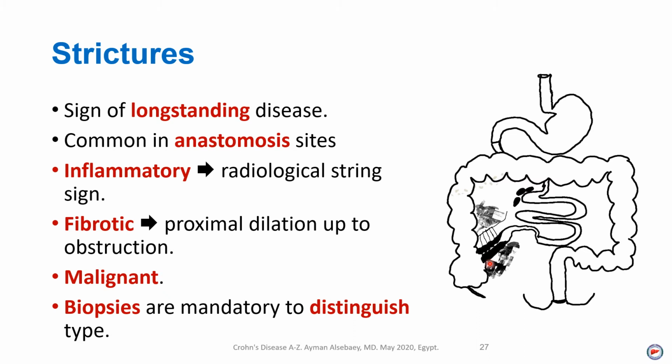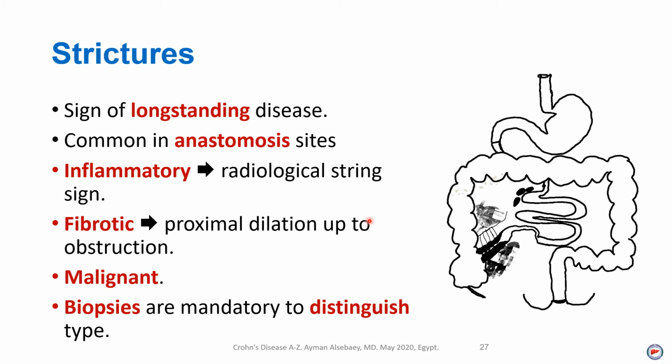So the wall will be thickened, okay, as we see, and of course the lumen will be narrowed. In X-ray with contrast or CT with contrast, you will find that the terminal ileum is seen as a cotton string, and they call it string sign.